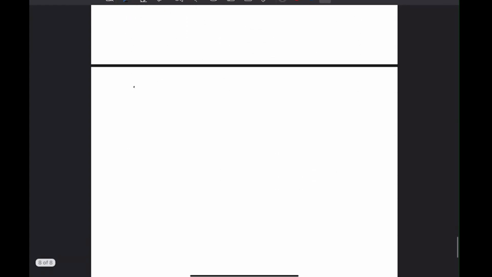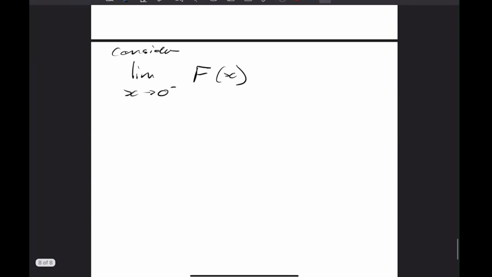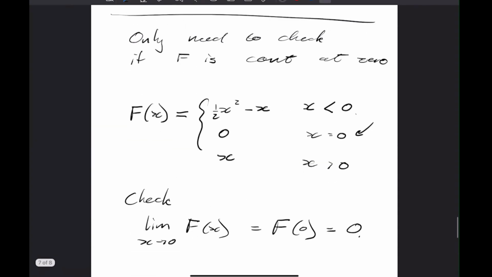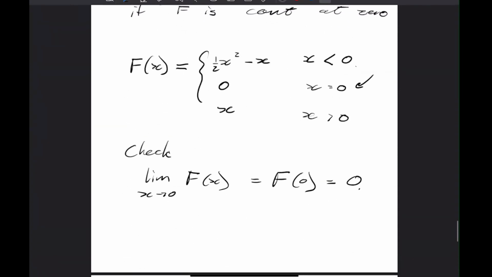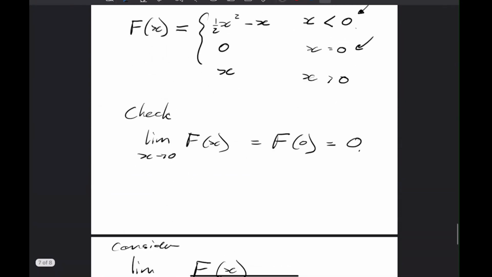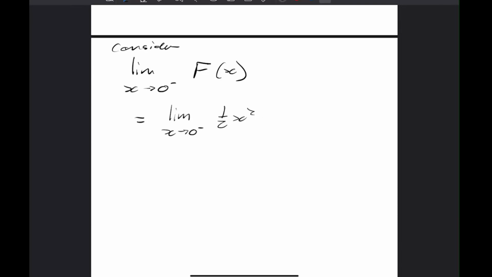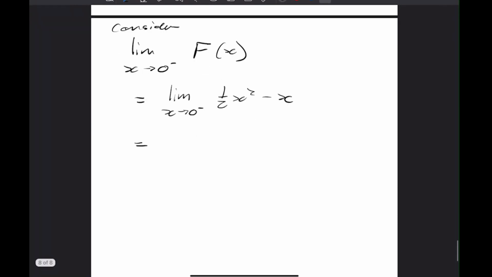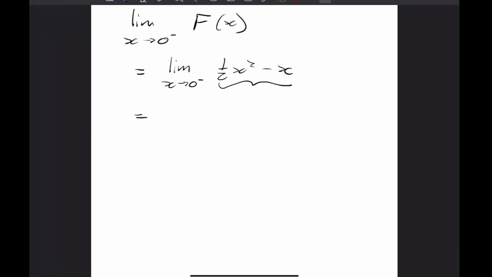So let us consider the left limit. As x tends to 0 from the left of big F of x, what is that? That is the limit as x tends to 0 from the left of, and when x is negative, or to the left of 0, that is a half x squared minus x, and this is just a polynomial.